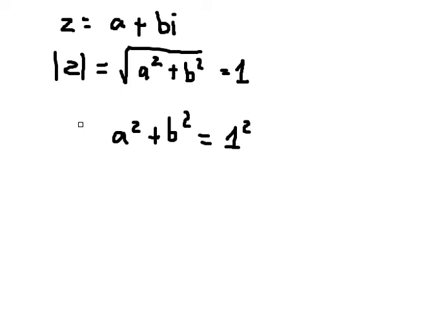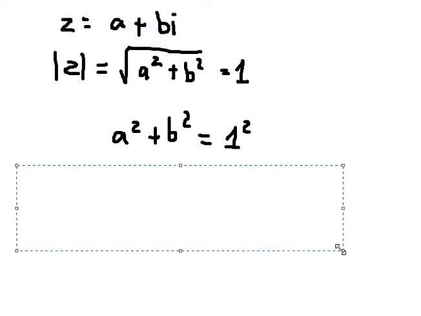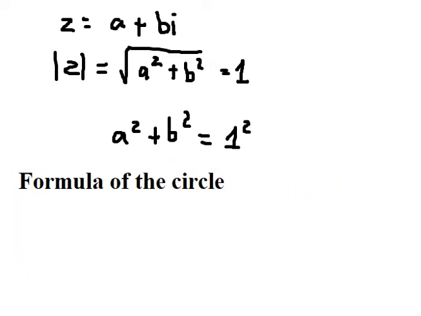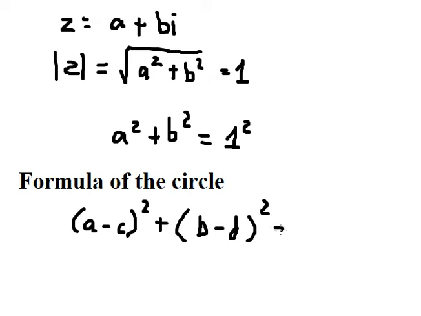If we look carefully at this one, we can apply the formula of the circle. So we have (a minus c) to the power of 2 plus (b minus d) to the power of 2 equals r square.